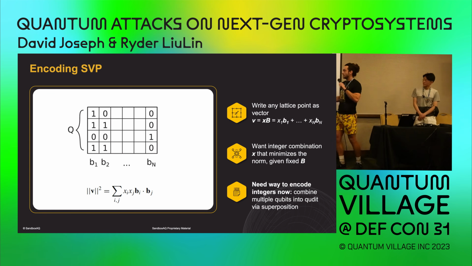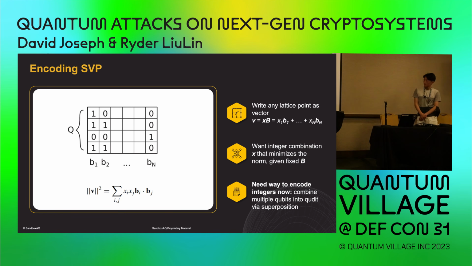And what that looks like is, let's say that we've got a grid of qubits. As Ryder was saying, you can construct your qubits any way that you want. If we do the Hamming version, where we just sum them up, then maybe this would be like 3. If we do the binary version, then 1101 is 13.